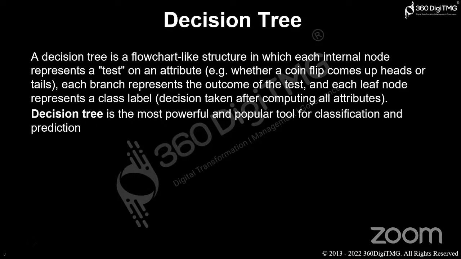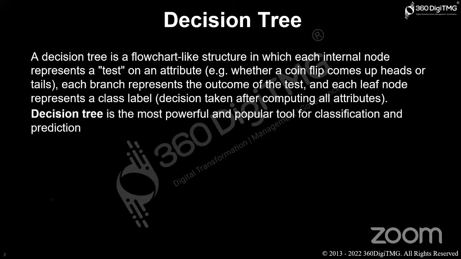We have something called a branch also. A subsection of the entire tree is called a branch or a subtree. And then we have parent and child.